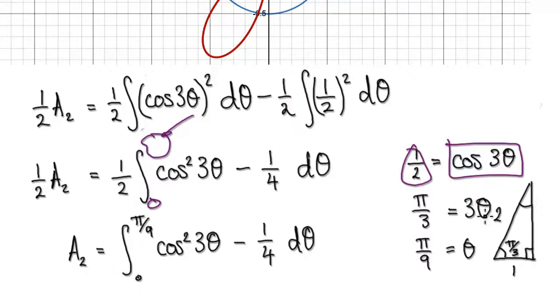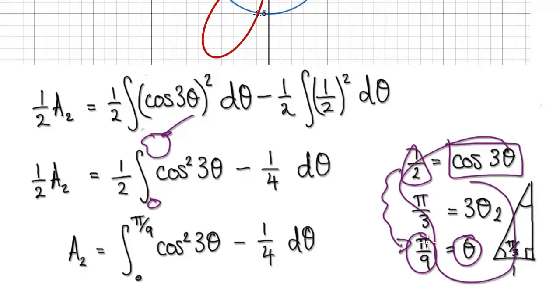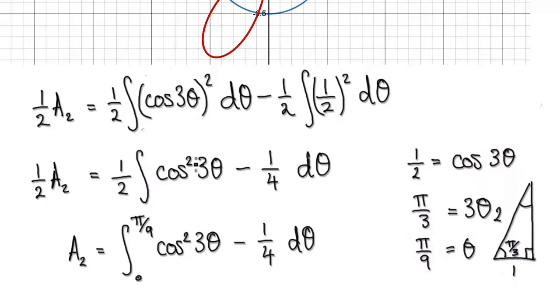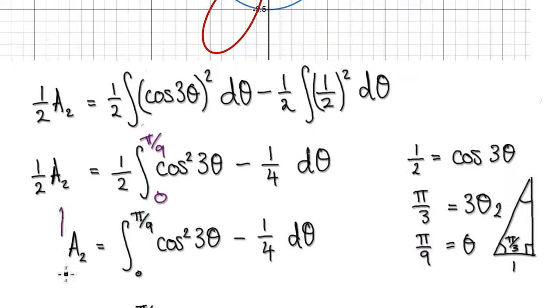The intersection occurs when theta equals pi over 9. So I'm just going to skip this bit. It would be pi over 9. So we need to integrate it from 0 to pi over 9. That will then take us to here.